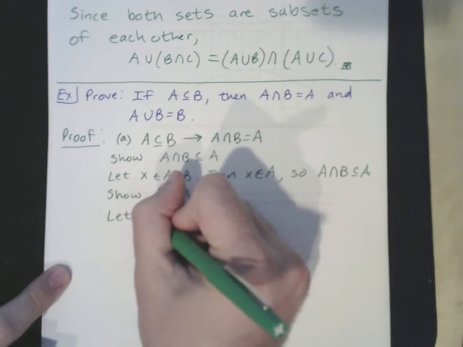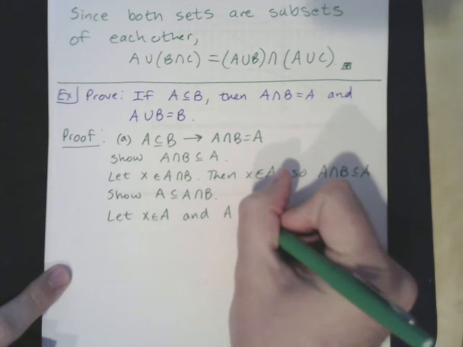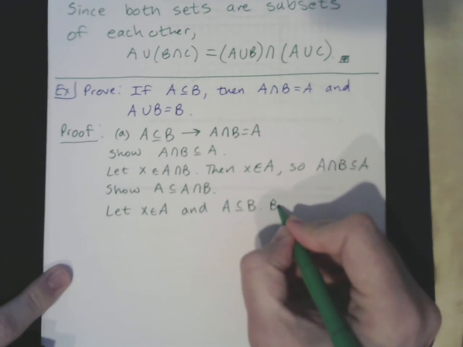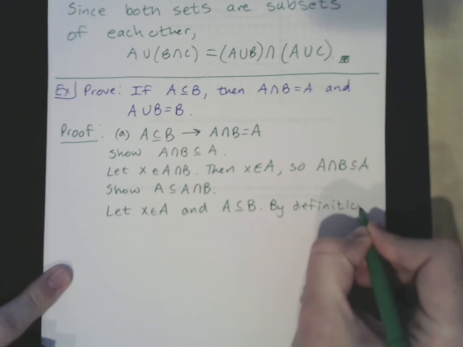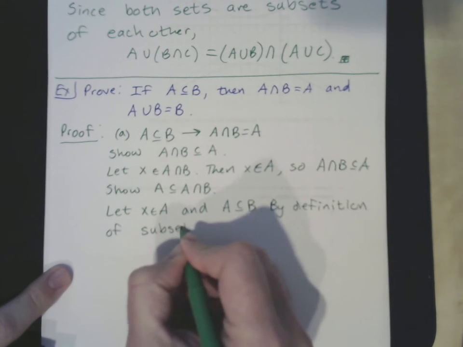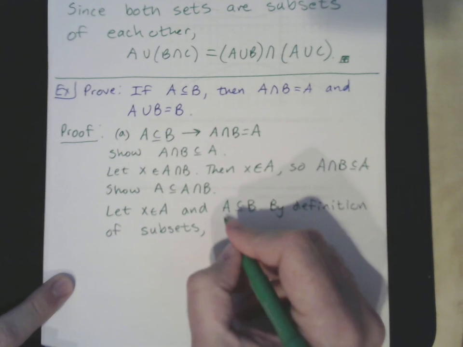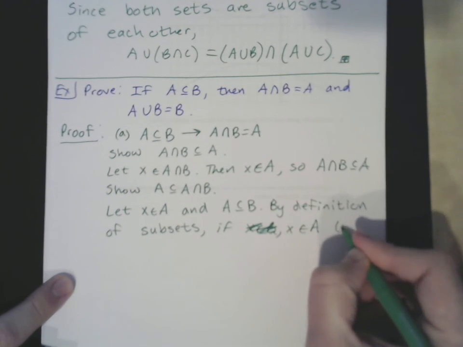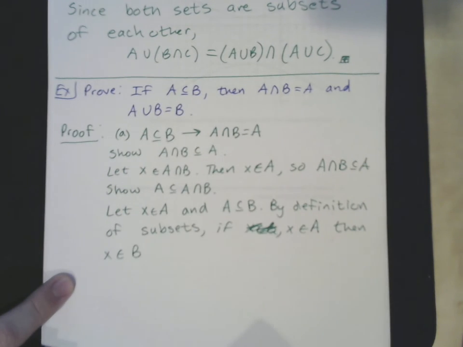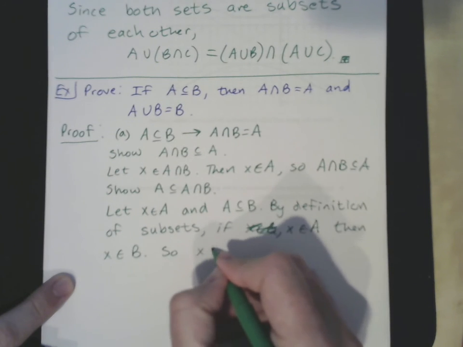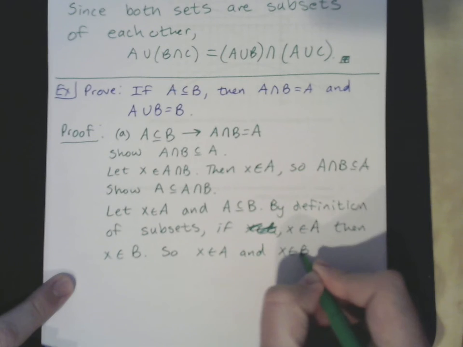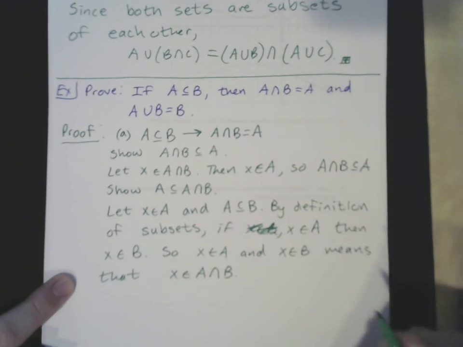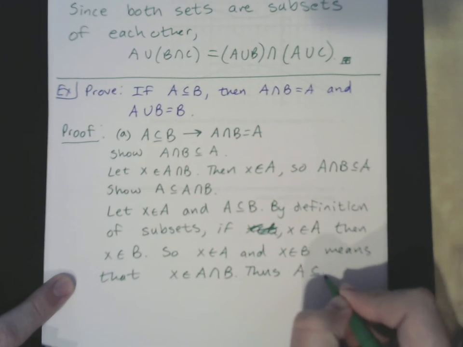So we're going to let X be in A and A be a subset of B. So by definition of subsets, if X is in A, then X is in B. So X is in A and X is in B. This means that X is in A intersect B. Thus, A is a subset of A intersect B.